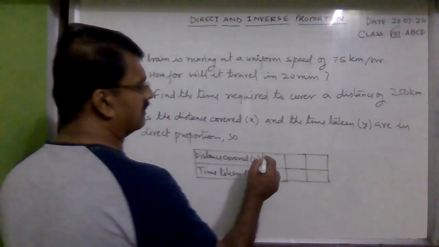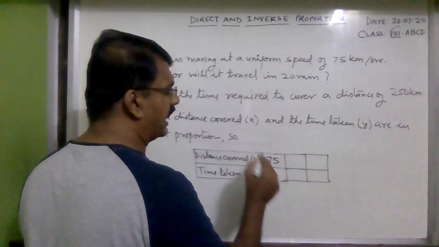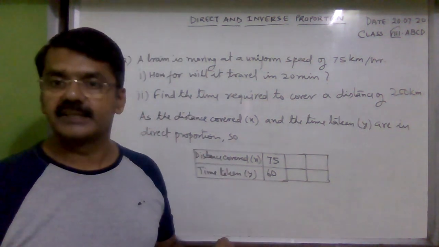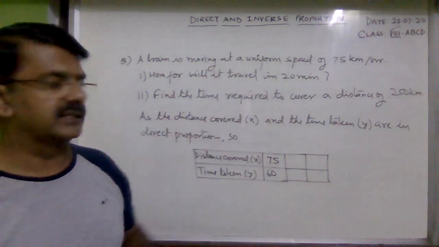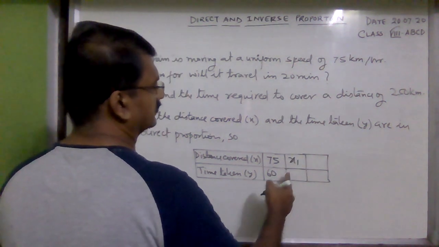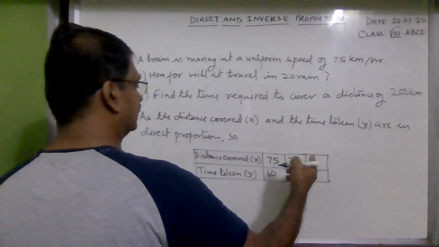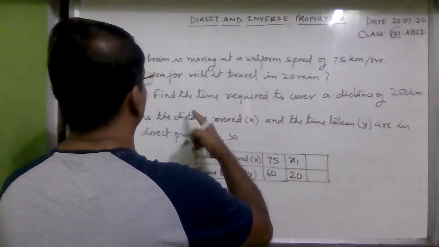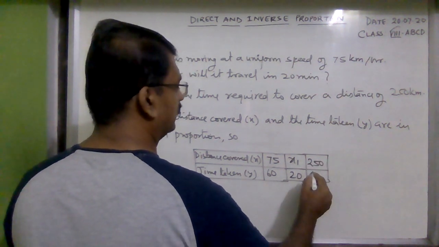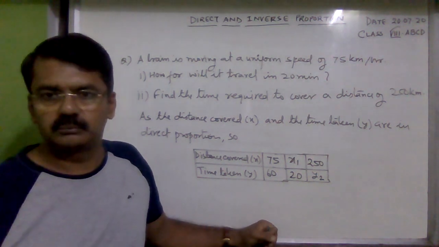So here distance covered is 75 km and the time taken they have given 1 hour, but I'll write 60 minutes. I have converted the time in minutes because this time is given in minutes. Now the distance covered, here you write down x1 and the time they have given 20 minutes. Then for the second part the distance covered is given 250 and here you have to find the time taken, so y2.